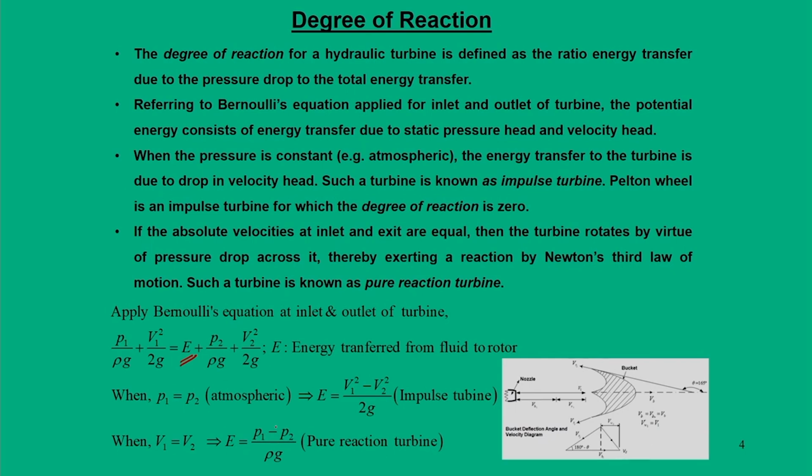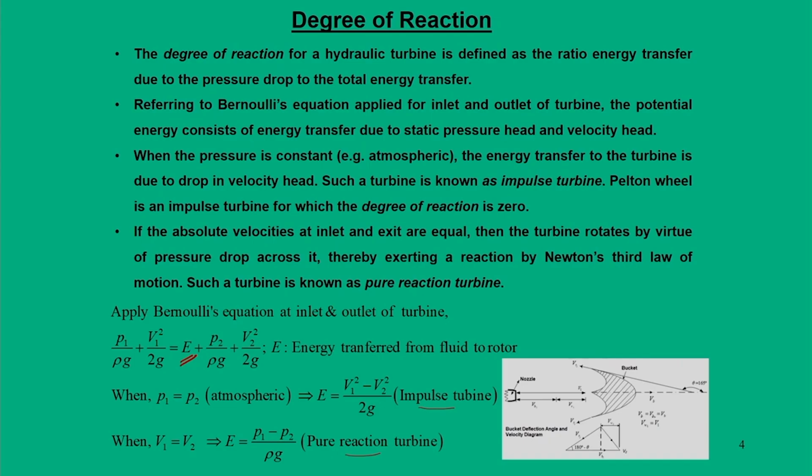This is nothing but your pressure head. Ideally, this is called a pure reaction turbine. However, in our basic structure of turbine manufacturing, we cannot have a pure reaction; although we can have a complete impulse turbine as you see in the Pelton wheel, a pure reaction turbine is not possible.